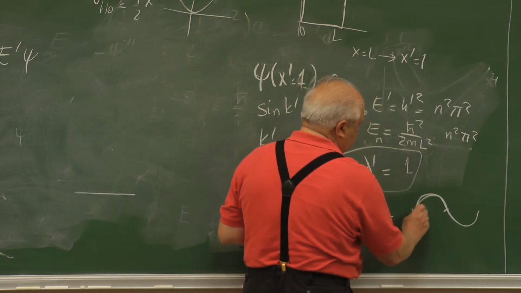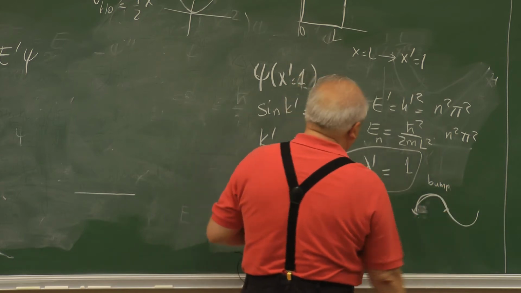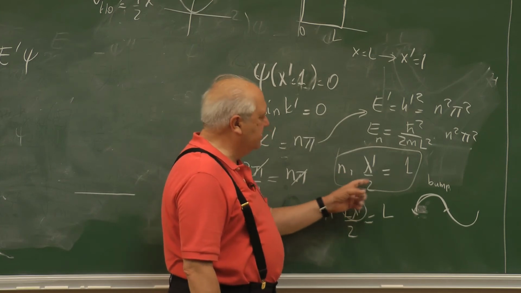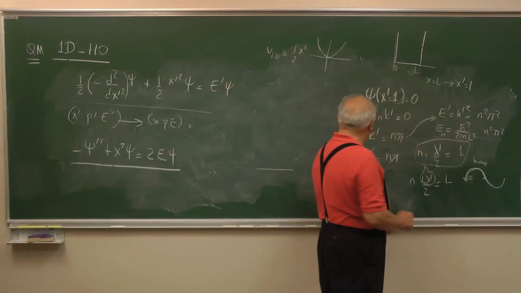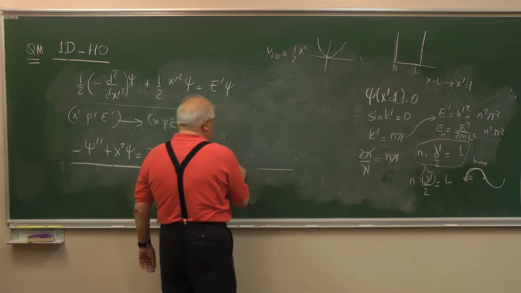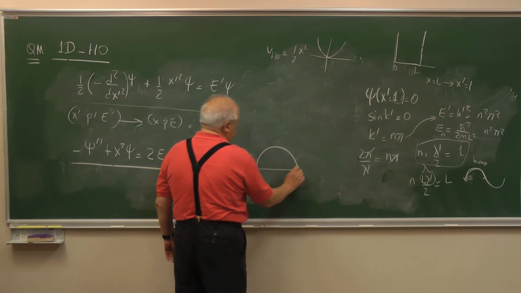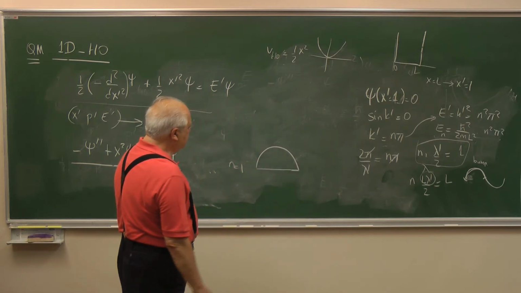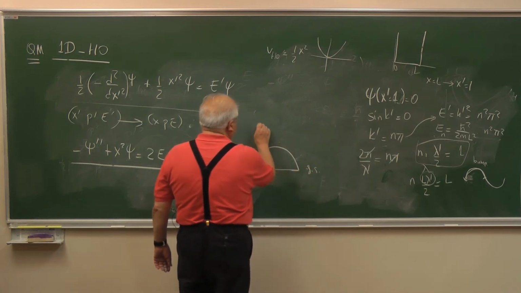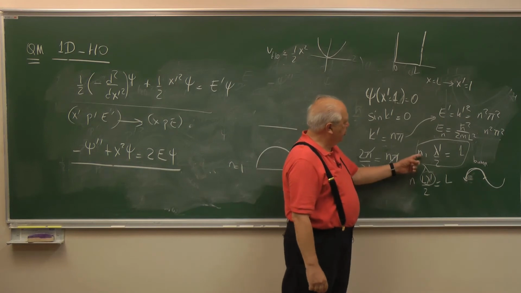So let us call it a bump, positive or negative. It says that put n bumps into a length of 1. So this is our length 1. So this is n equals 1. So we will just put one bump. This is for the ground state. And the second one, it says for n equals 2, put 2 bumps.